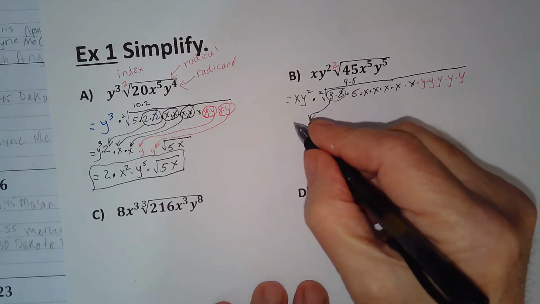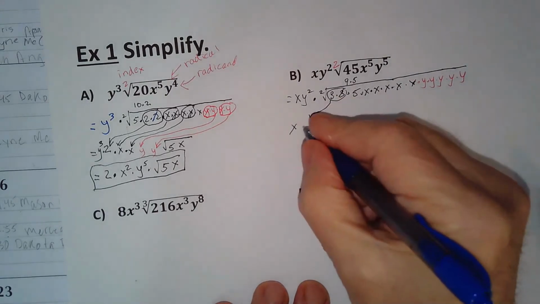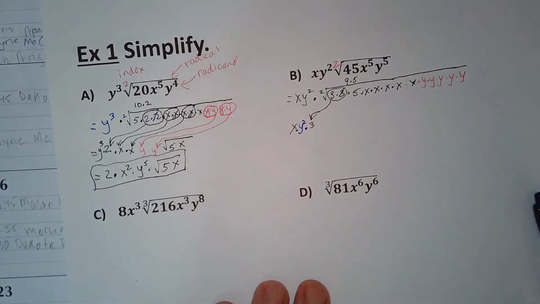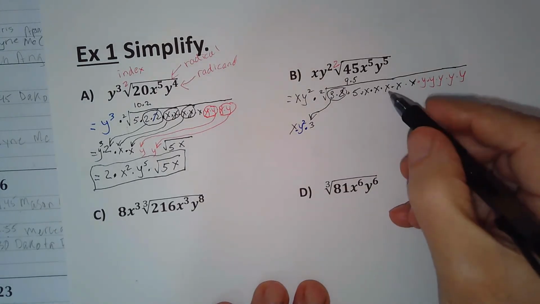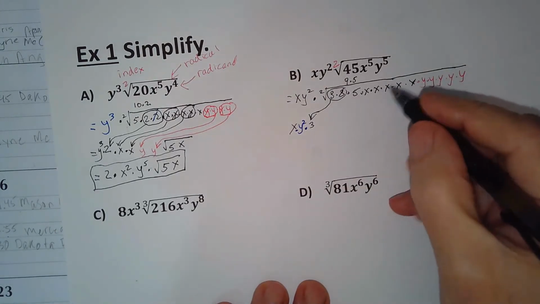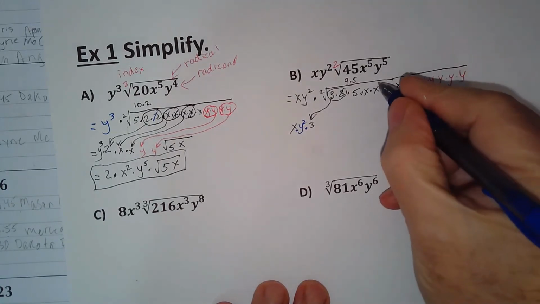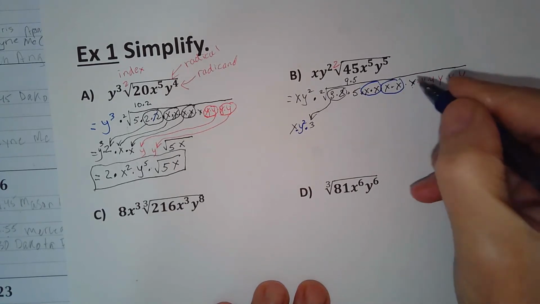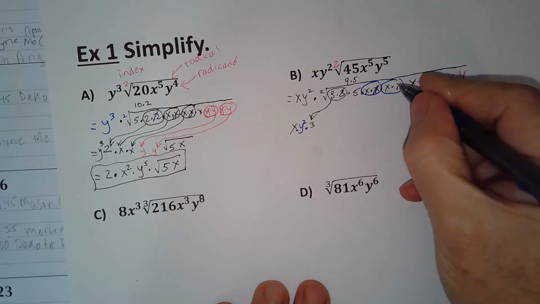So let's put that down, x and then y squared and that's times the 3. And then we have the 5 is left over. It stays in jail. And then I've got a pair of x's here and a pair of x's, and then this one stays in jail. And then of course one of these gets shot in each group.